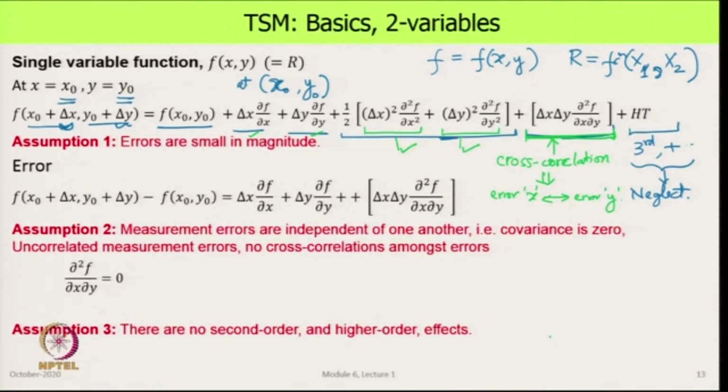That means, these two errors are not completely independent of one another. This is an important subclassification of Taylor series method, and this cannot always be neglected. So, we have to take care of this. But in this course, which is a basic course, we are looking only at uncorrelated errors.